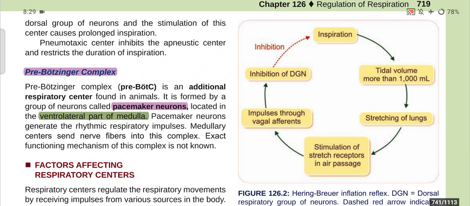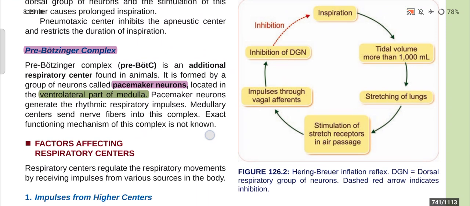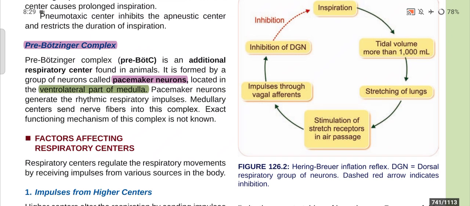Pacemaker neurons generate rhythmic respiratory impulses, and medullary centers send nerve fibers into this complex. The exact functioning mechanism of this complex is not known.